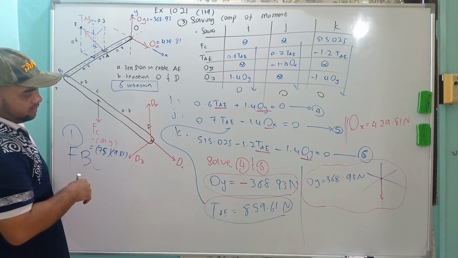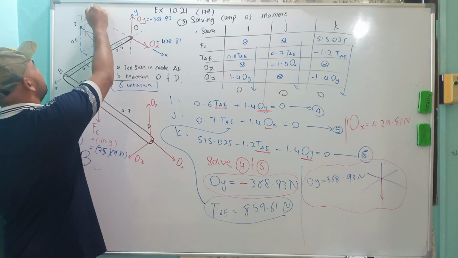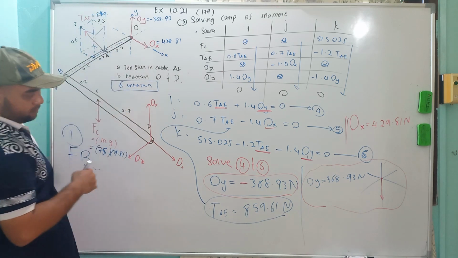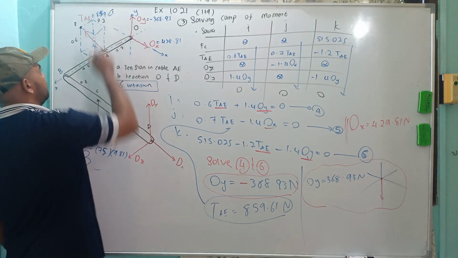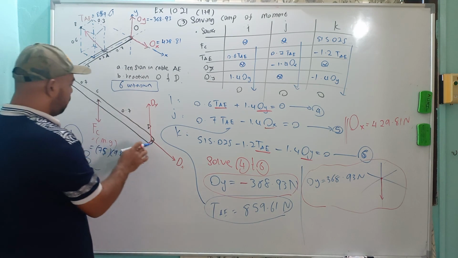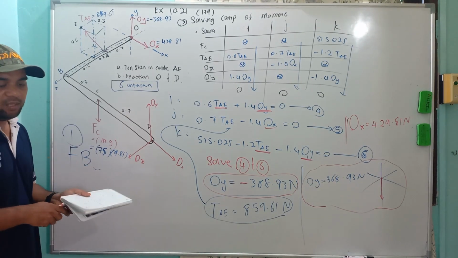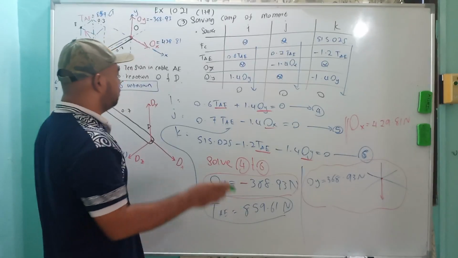TAE is 859.61. Okay, so now you have 3 more unknowns to be solved using equation number 1 and 2.